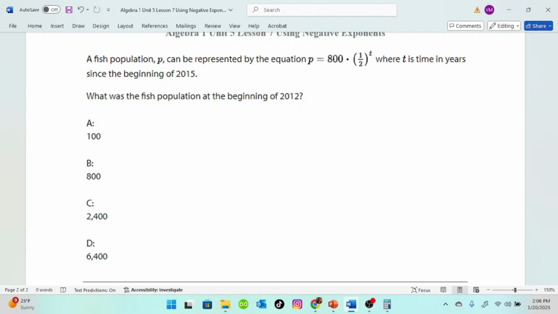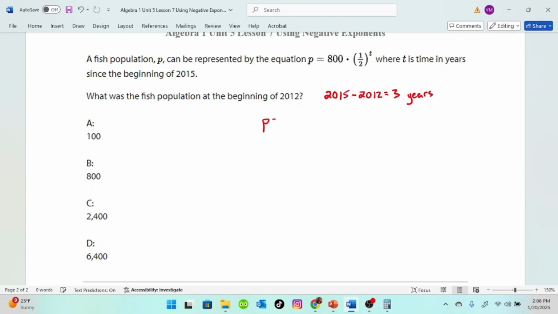So, first off, I need to notice that from 2015 to 2012 is going to be 3 years. And since we are talking about 3 years in the past, then we're going to use -3 for the exponent.